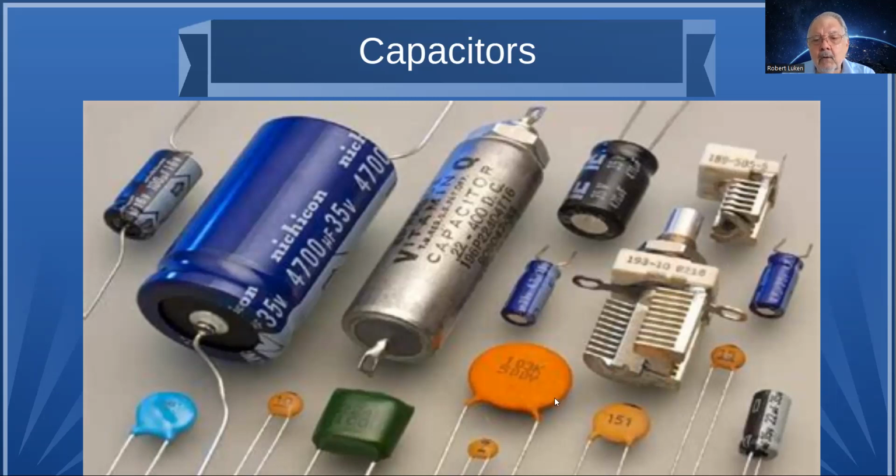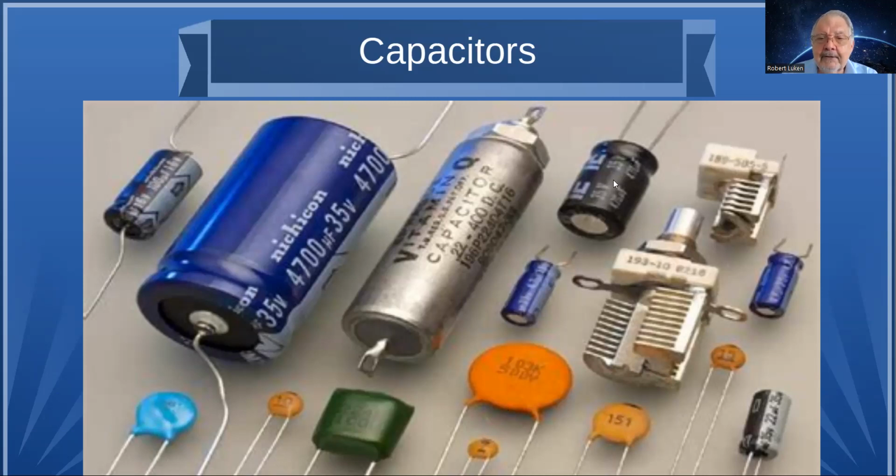These kind of orangey brown things are probably the most common. They're ceramic. It's a piece of ceramic with a metal plating on both sides, and the wires connect to it. So it's a very simple, called a disc capacitor.